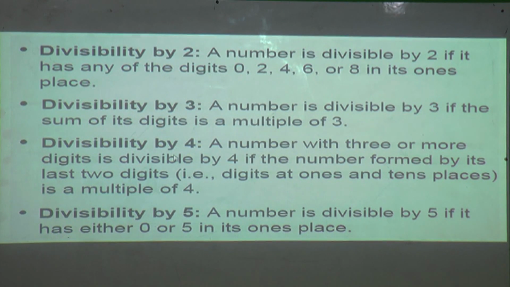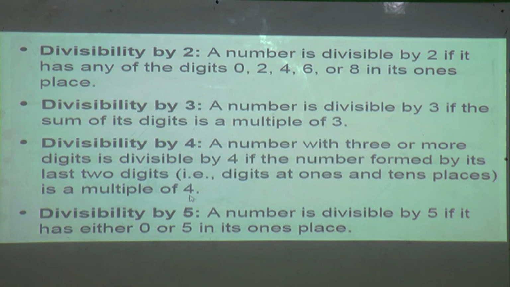Next, divisibility by 4. A number with 3 or more digits is divisible by 4 if the number formed by the last 2 digits, that means the digits in its ones place and its tens place, is a multiple of 4.